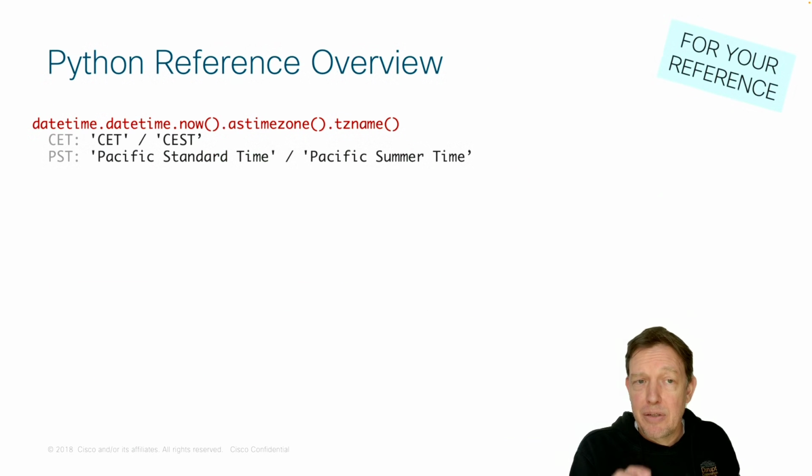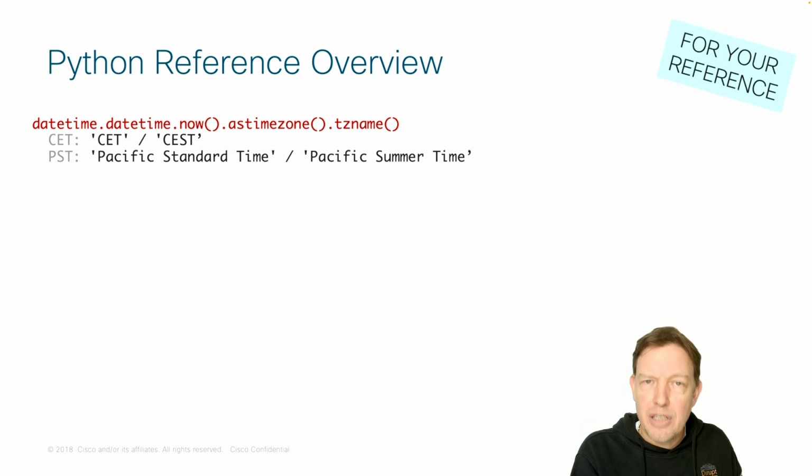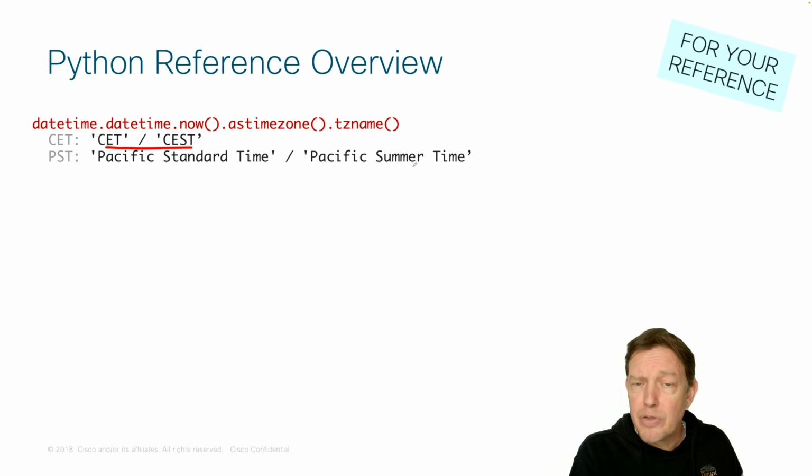There's a few reference commands that you can run in Python to see how your system behaves and how it deals with your setup, your time zone. This is quite interesting because with the first command, it will output this if you're in CET time zone, or the other one if you're in Pacific time zone.